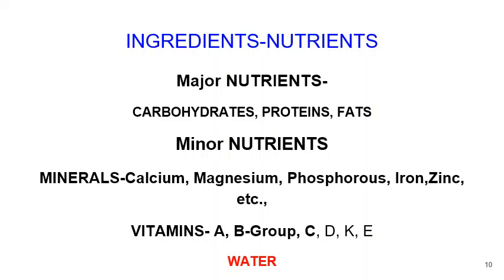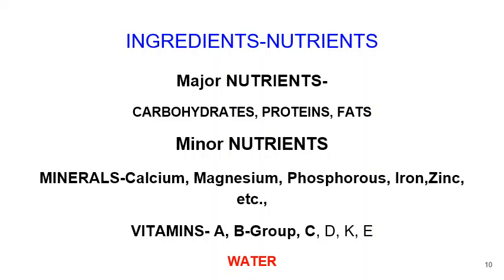Lentils, pulses may contain more proteins. Nuts, cashew nut, groundnut may contain more proteins. Fats also are present in some food items, especially in the plant material. We get oil from the plant material like groundnut, sesame, etc. So carbohydrates, proteins, and fats are major nutrients.